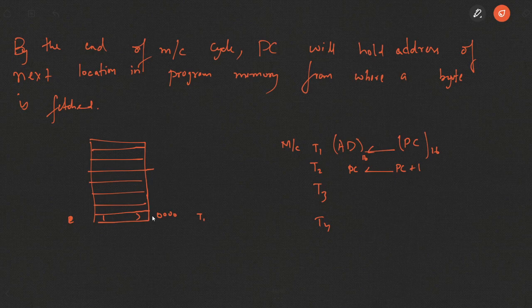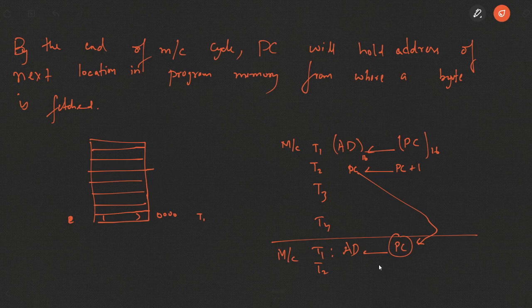Once this machine cycle is over, another machine cycle will start, and the program counter will again feed the address bus. At that time it will already have the information of the next memory location from where the next data or instruction has to be taken.